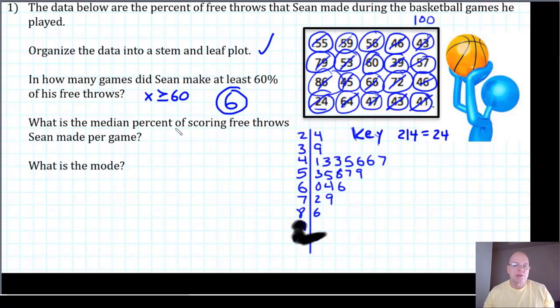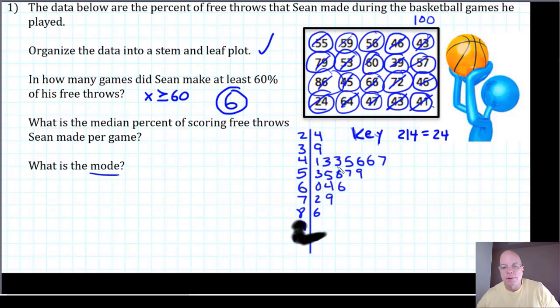What is the median percent of scoring free throws that he made per game? We can find the middle number now that our data is in order from least to greatest. But before I do that, I'm going to skip to the mode, because that's the next easiest thing to answer. The mode is the number or numbers that occur the most. 24 only occurs once, as does 39.